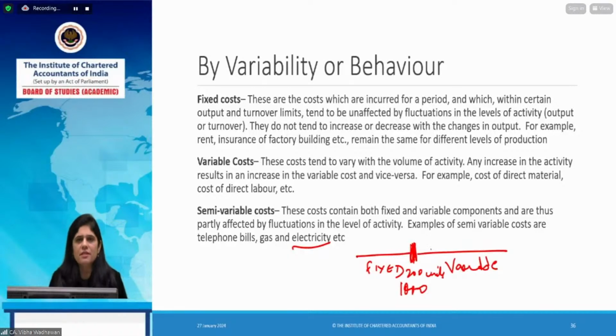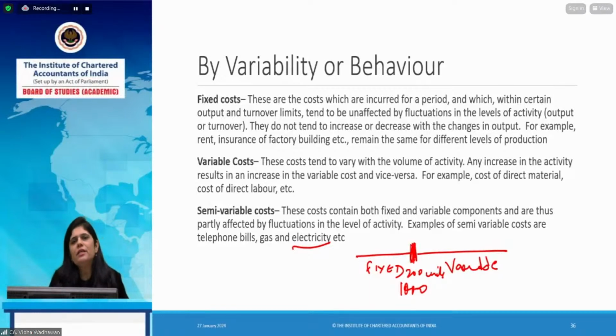You consume 0 units, 100 units, 200 units, you will have a fixed electricity bill of 1000, for example. After that, it will be per unit of consumption. Clear? Beyond 200, whatever you consume, the bill will be per unit.